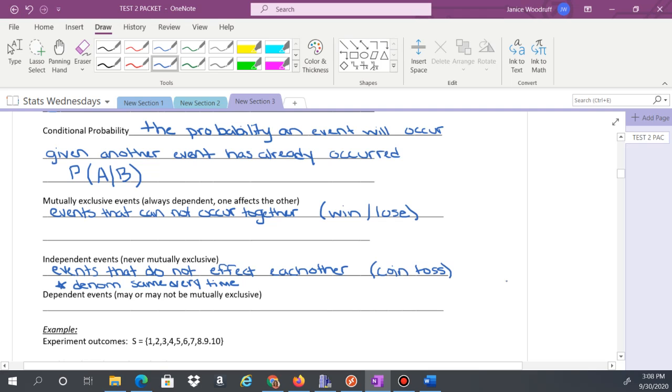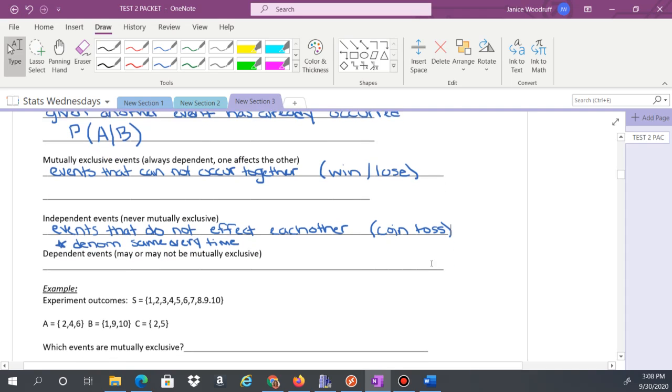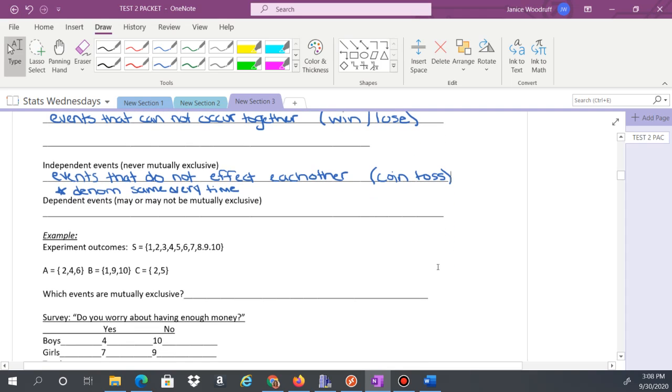Every single time you toss a coin, you have a 1 out of 2 chance of getting heads and a 1 out of 2 chance of getting tails. And then dependent events are events that affect each other, where the probability changes every time.